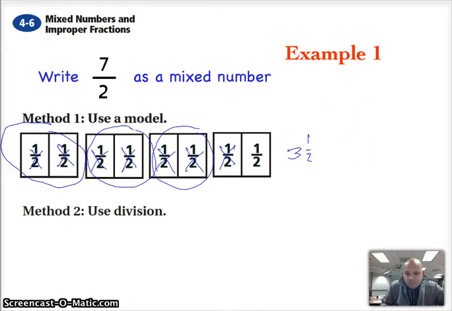Now we can use division as well. 7 halves means we're dividing 7 by 2. 2 goes into 7 3 times. 3 times 2 is 6. We subtract. 7 subtract 6 is 1. Now instead of putting a decimal point here, adding 0 and dropping it down, we're going to keep this quotient as a fraction.